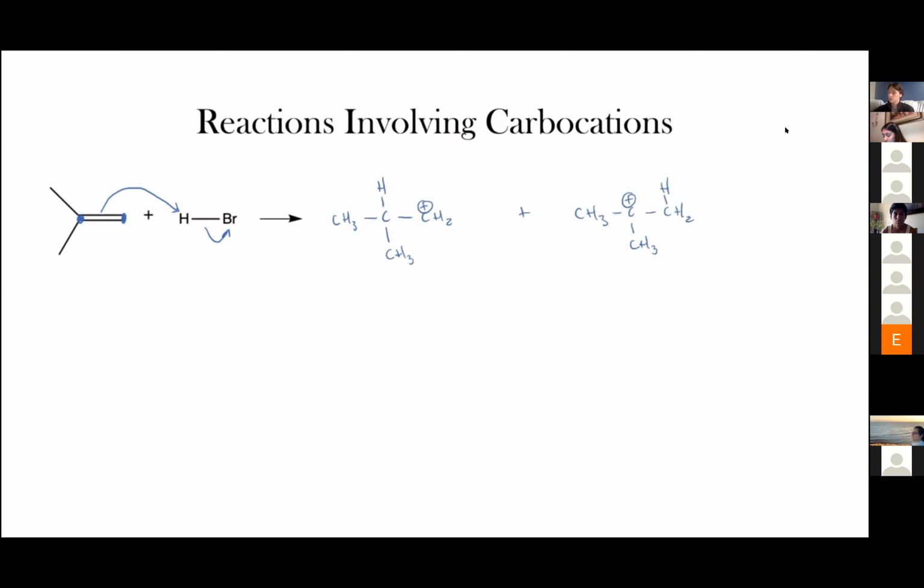Okay, so we can either have the hydrogen attach here or here, okay?